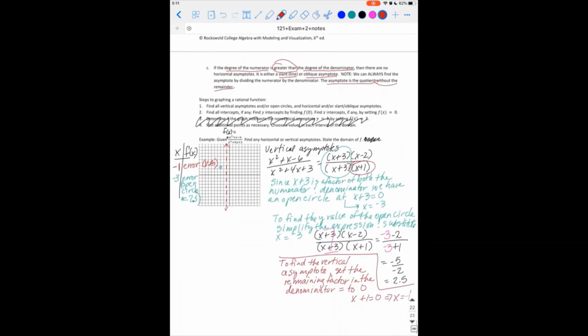All right, so this one right here, I'm going to go with this. So for the horizontal asymptote, really I only need to look at this right here. So I'm going to put horizontal asymptote in blue, so you can see where the connection is.